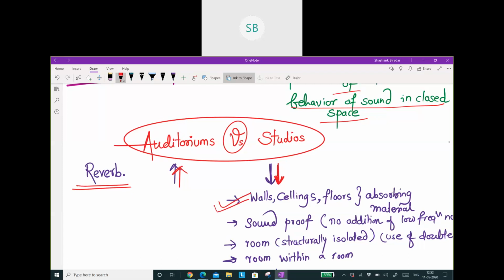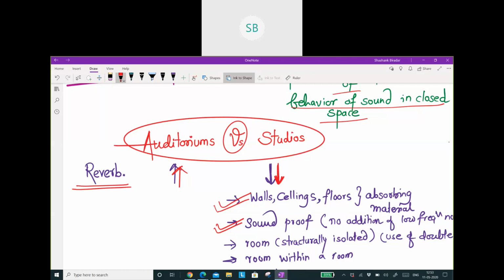Then the studio should be made soundproof. So the next important point is that we have to make the studio soundproof. For what purpose? So as to prevent low frequency sound from entering the studio room. So we have to take care of that.